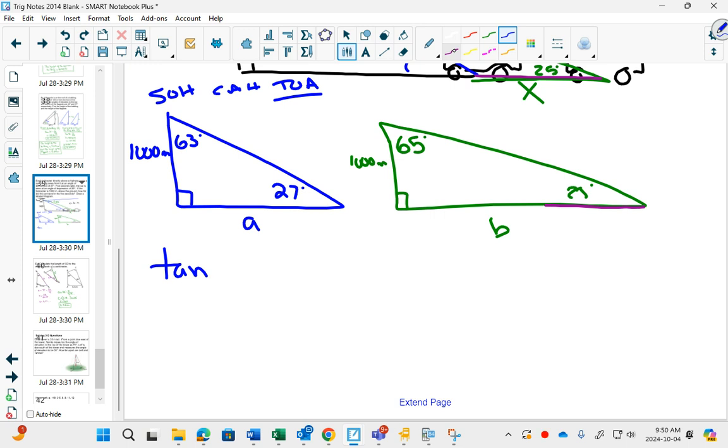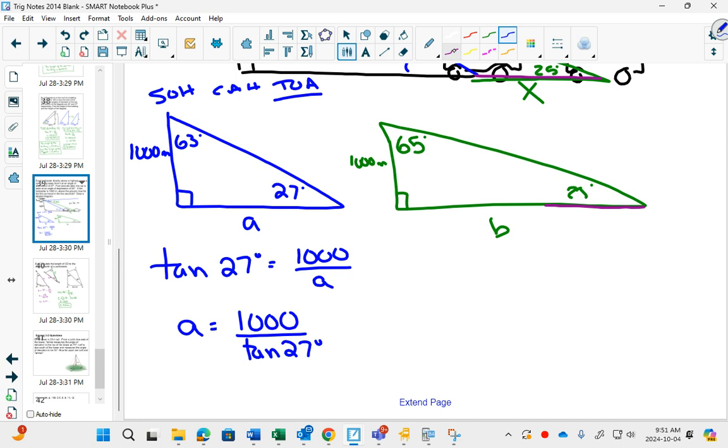tells us tan. So I would go tan of 27 degrees equals opposite side, which is 1,000, over the adjacent on the bottom. And remember, when you're solving on the bottom, you need to move it to the top, so we multiply both sides by A and divide both sides by tan of 27.